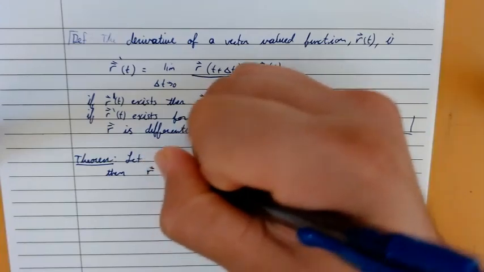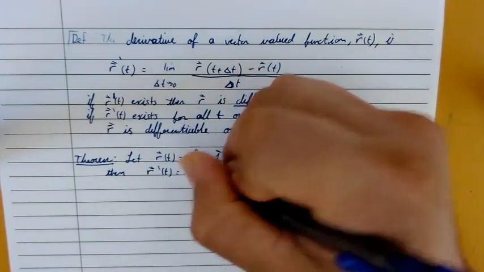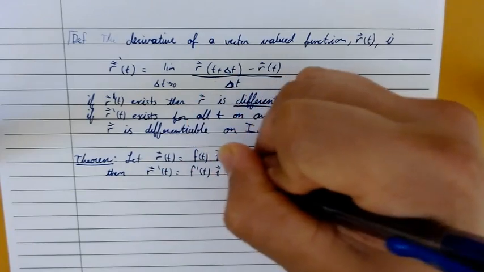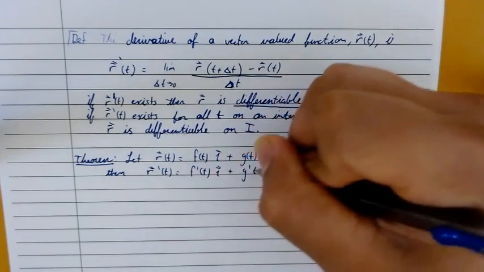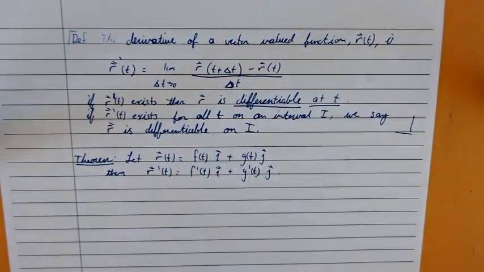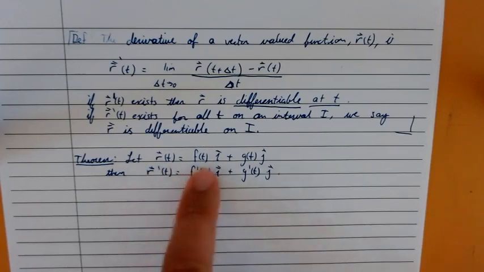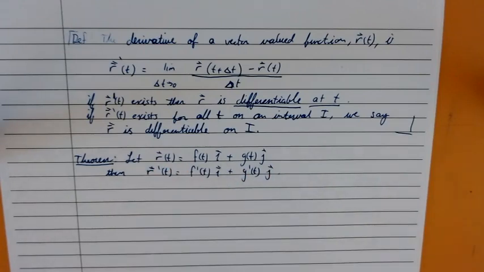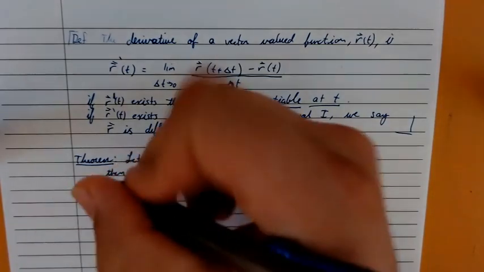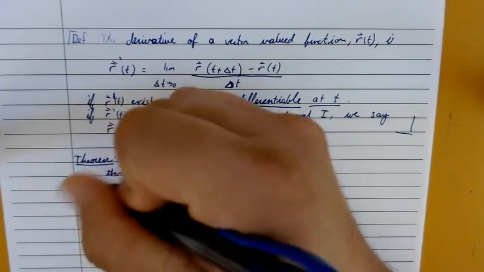Then R prime at t will equal f prime at t i plus g prime at t j. Or in other words, the derivative of a vector-valued function is simply given by the derivative of each of its components in vector form. This extends into space as well.